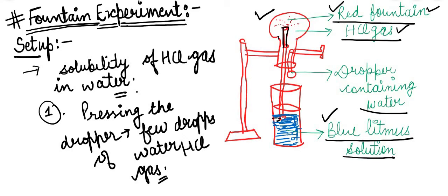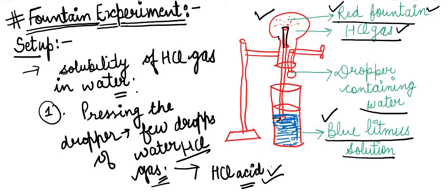As the water mixes with this HCl gas, there is a formation of HCl acid. A small amount of HCl acid will form after getting a little moisture. So as this is formed, what happened? The dissolution of the HCl gas in the water takes place.